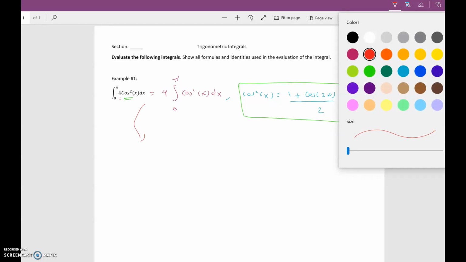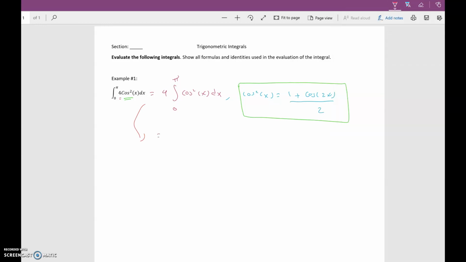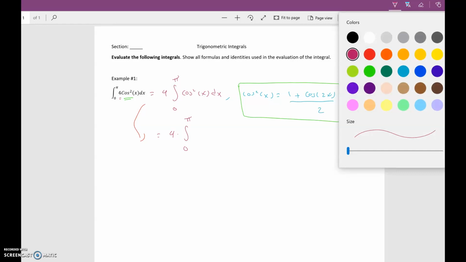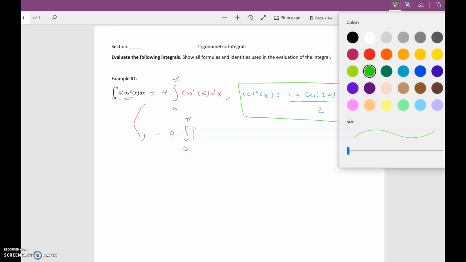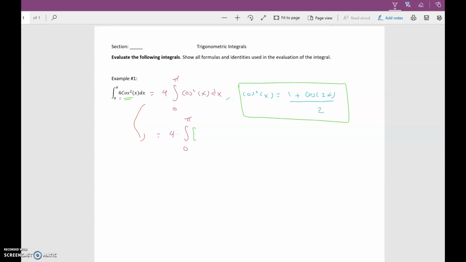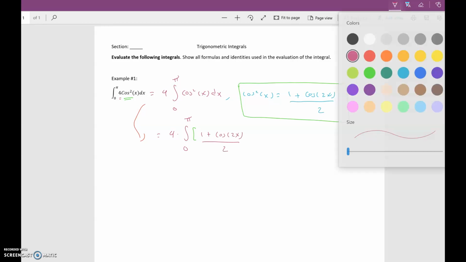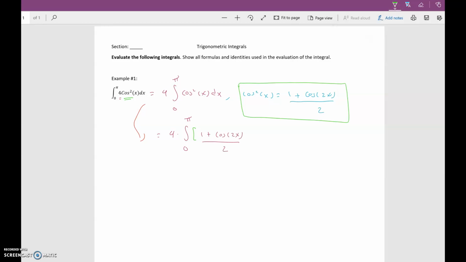So in this case, this is going to be equivalent to 4 times the integral from 0 to pi, where our cosine squared is replaced by 1 plus the cosine of 2x divided by 2, and then we still have the dx.